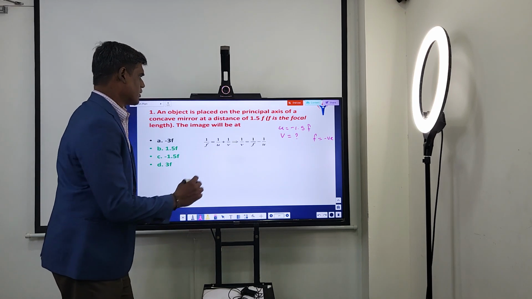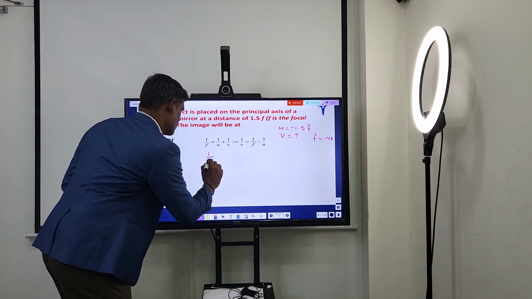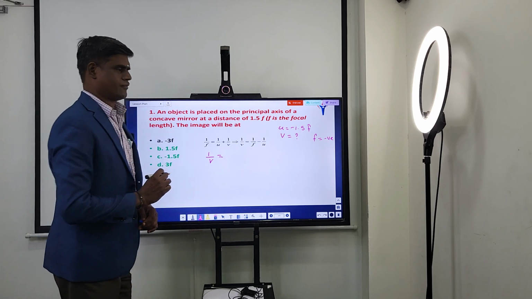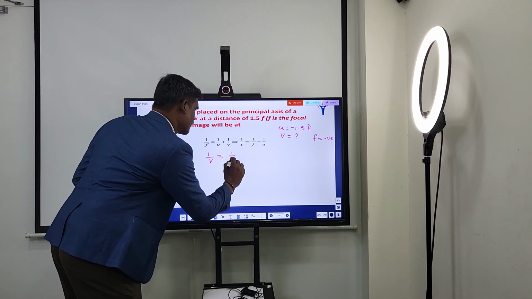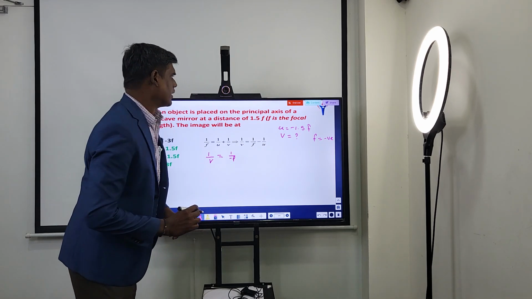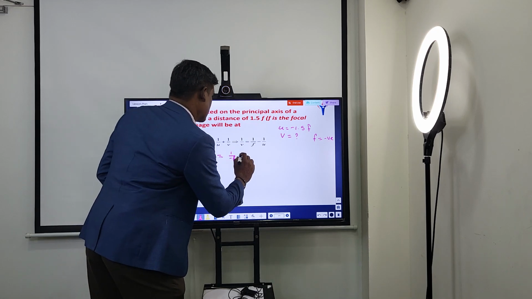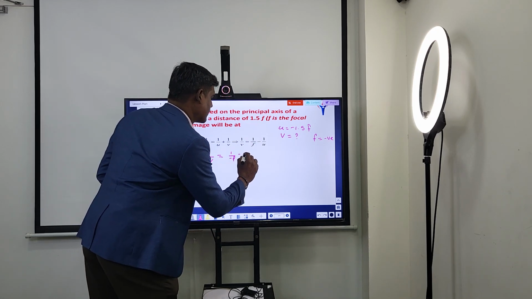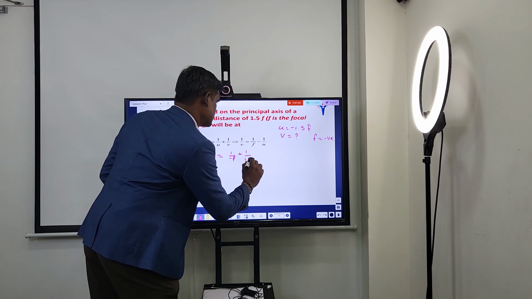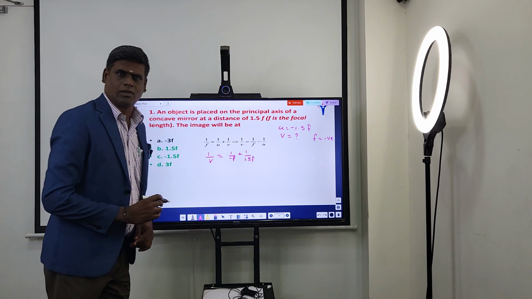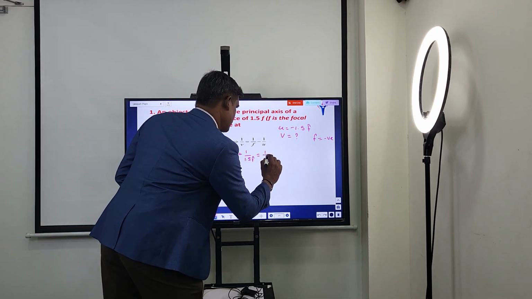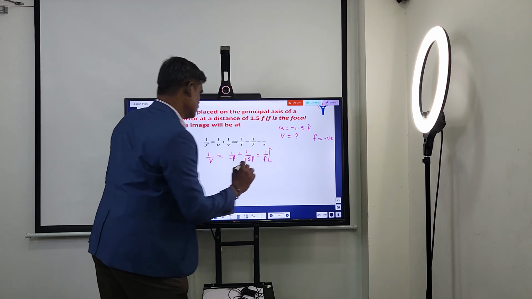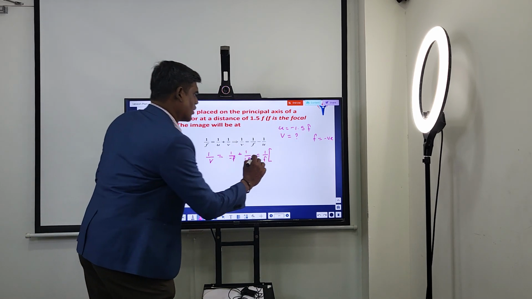Then substitute this here. 1 by v equal to 1 by f, that is 1 by minus f, and then minus 1 by minus 1.5 f becomes plus 1 by 1.5 f. Take 1 by f outside and simplify: 1 by f into minus 1 plus 1 by 1.5.